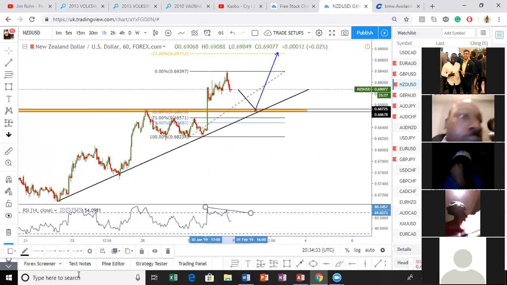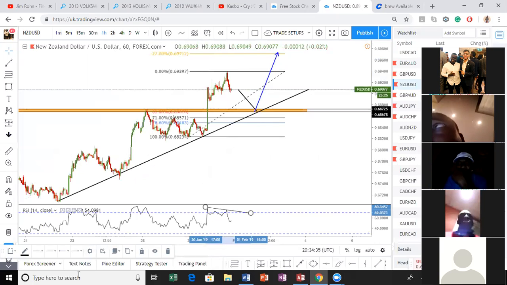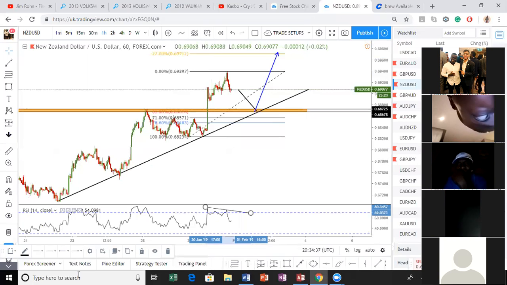I'll just take the picture and try to imitate the same thing on my TradingView. Because when you keep watching all these videos about trading but do not sit down, pick up your laptop and try to mark it yourself, there's nothing you will be able to learn, to be honest.